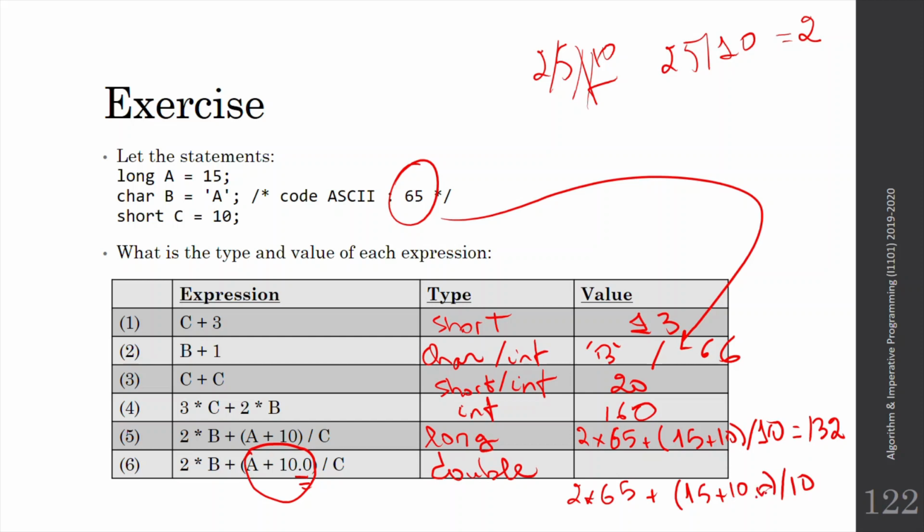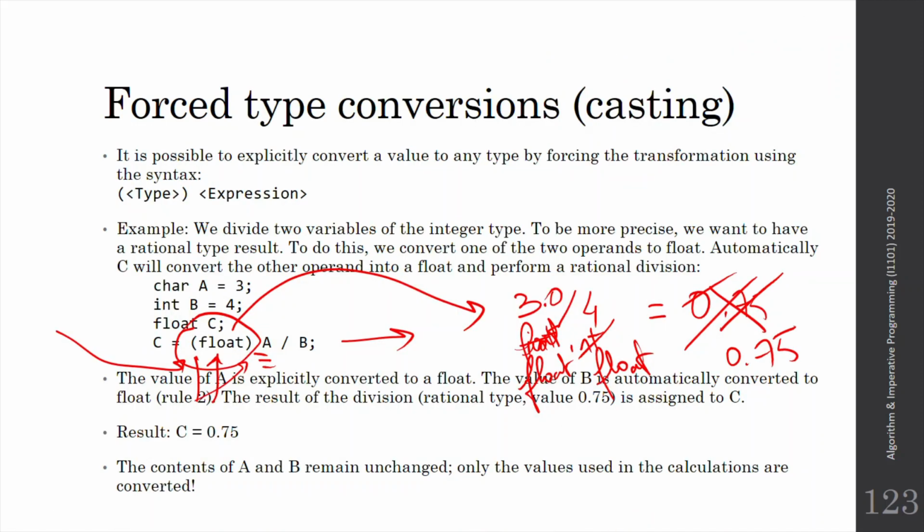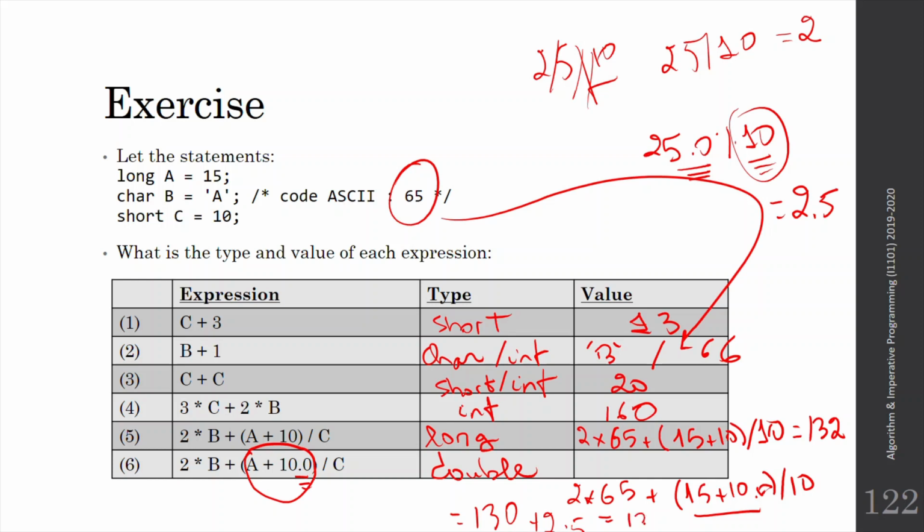So here 15 plus 10.0 is equal to 25.0 over 10. So we have here a double and an integer, so the integer will be converted to double, and then we will have the value 2.5. So we will be adding an integer to a double, so the value would be a double, equal to 132.5.